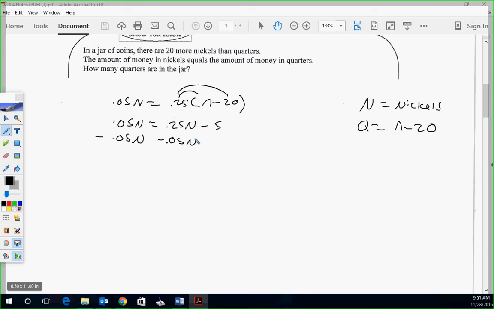Yep, I just do that to avoid negatives. If you have negatives, you can move the n the other way. Not a big deal. So we get 0.20n equals 5. Divide by 0.20. You're going to get 25 nickels.